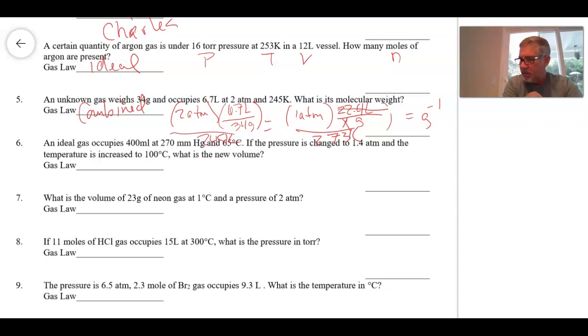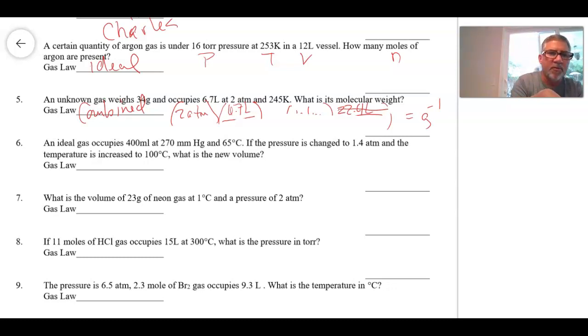So where were we? So 6. Someone asked me to solve 6. So I'm going to erase some of this so I can clean this up a little bit. So for 6, an ideal gas occupies 400 milliliters. So I have a volume, I have pressure, and I have temperature.